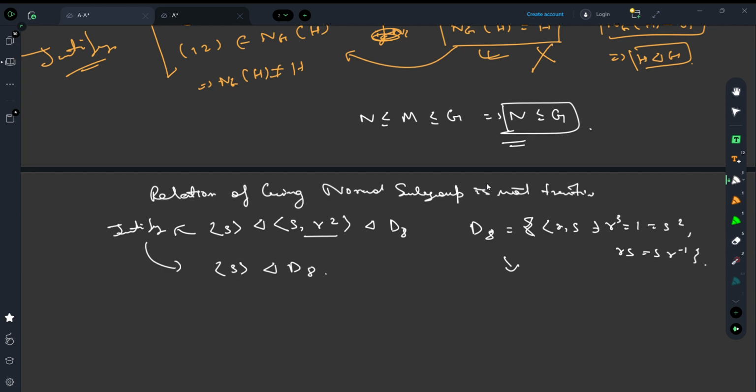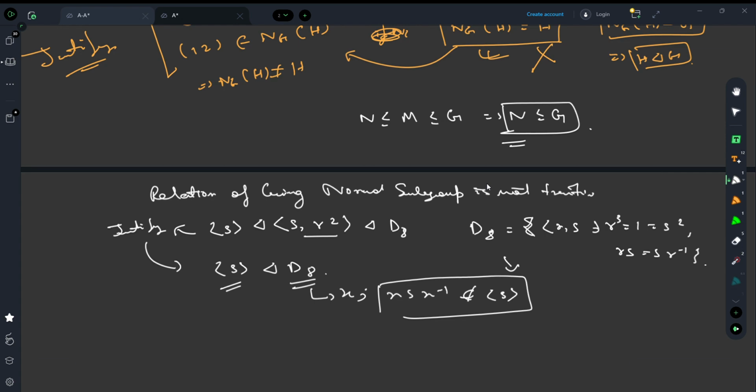That is, if I can show that there exists some element in D8 such that XSX inverse is not in this set, then it's trivial that the definition of the conjugate being still in the same group is not abided by. That is, S will not be normal. Okay, that's what I'm trying to say.